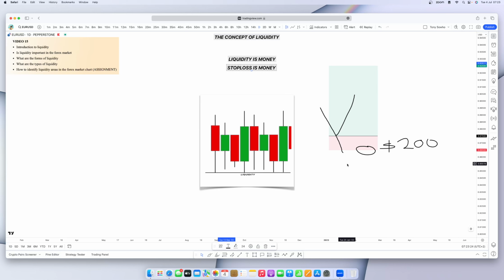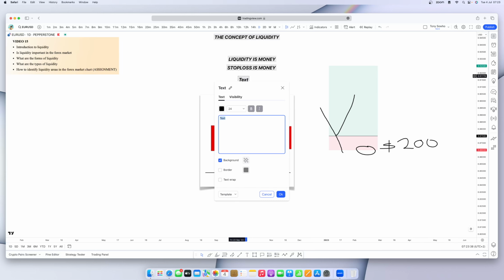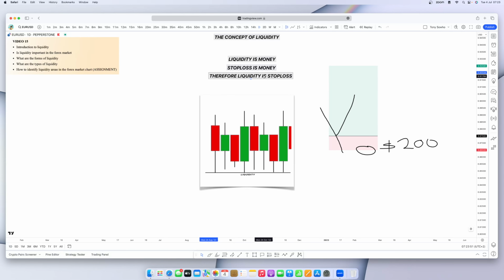See it now? Stop loss itself is money. So if liquidity is money and stop loss itself is money, then we can say liquidity is stop loss. Therefore, liquidity is stop loss. We are all saying the same thing here.